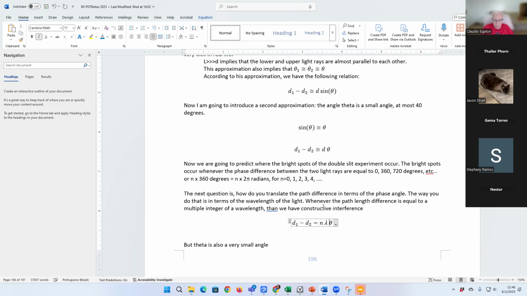Then we have constructive interference, in this case n is an integer number equal to 0, plus and minus 1, plus and minus 2, plus and minus 3, etc. Okay?